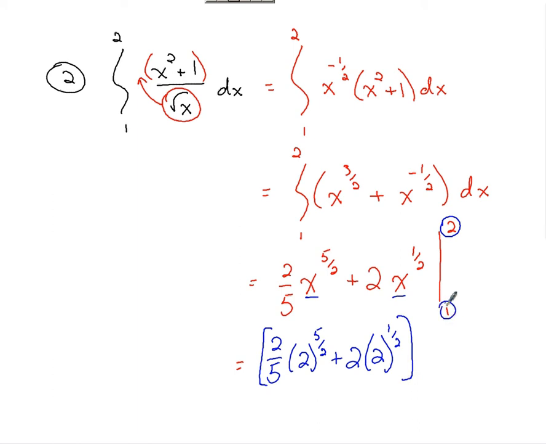And then I can take 1, substitute in for those x's, and subtract from that first part. Now, if you plug in 1 for these x's, it's going to be 1 to some power, which is going to be 1. Meaning you've got 2/5 there times 1 plus 2 times 1, right? So I could say 2/5 plus 2 or 2 2/5, either way.